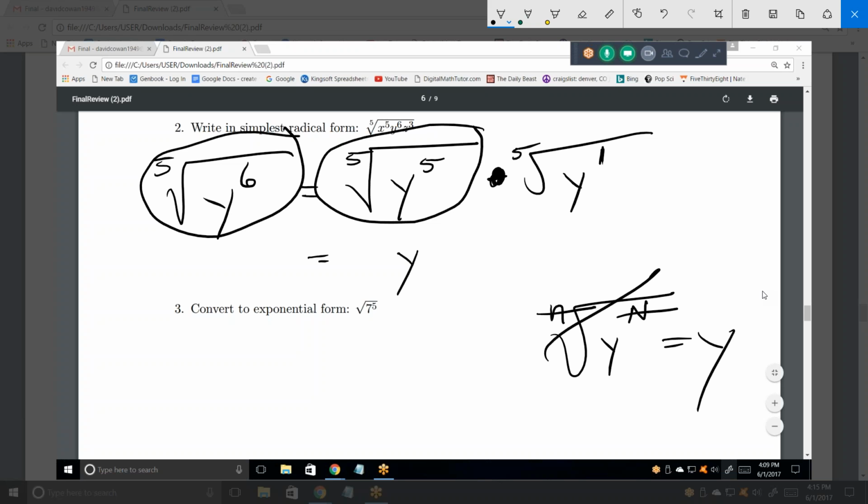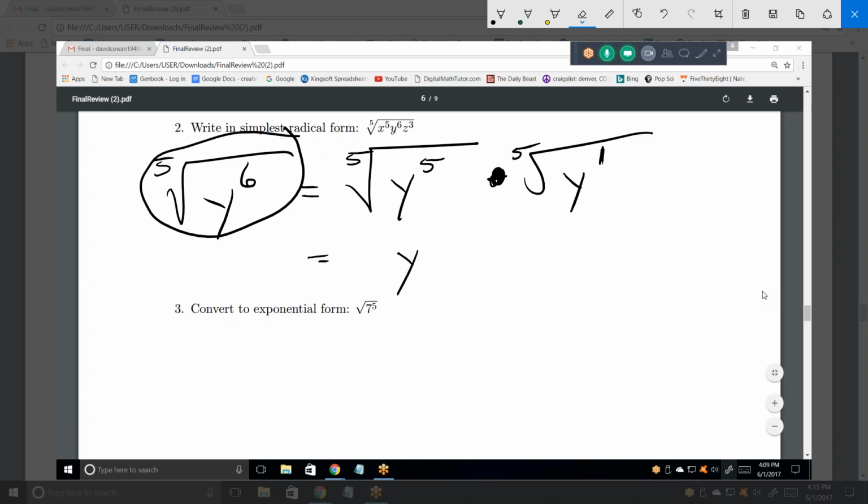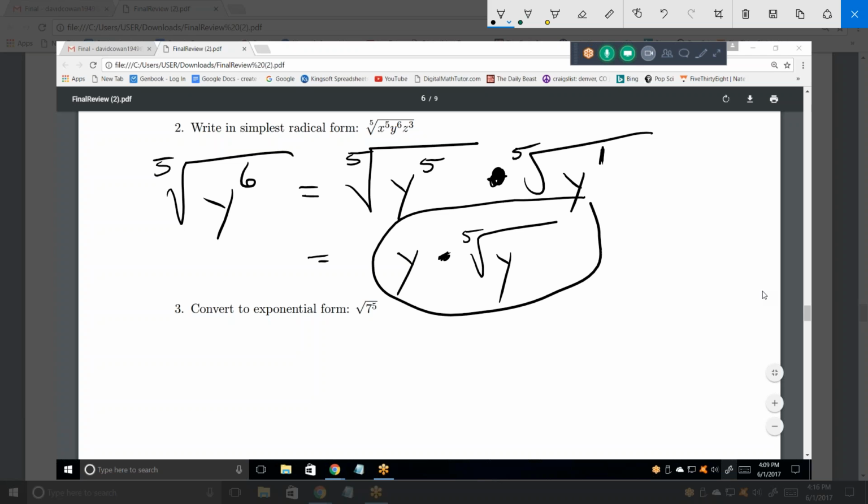So it doesn't matter if it's the 5th root or the 6th root or the 3rd root or the 4th root. As long as you have the same number inside as you have the root, then it's equal to the variable. But I still got the rest of it, still multiplied by the 5th root of y. So that's what this becomes.